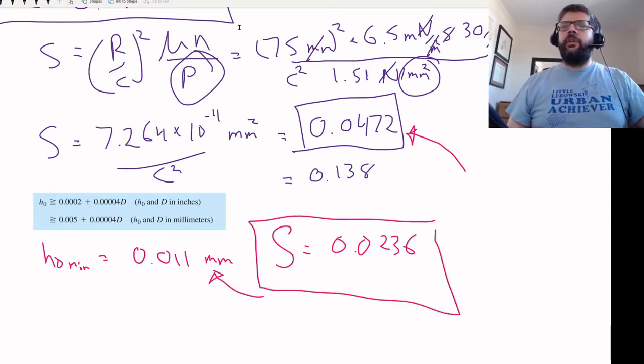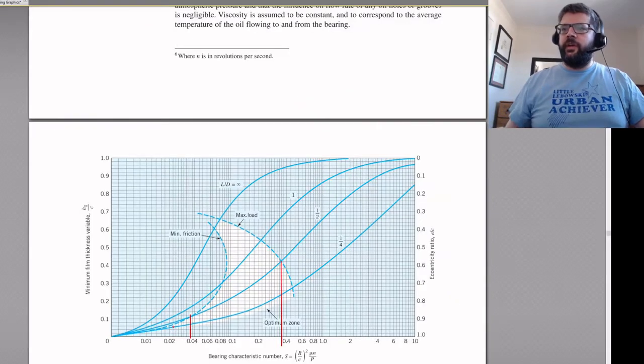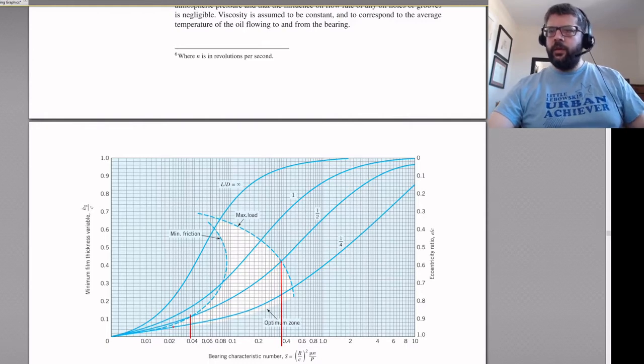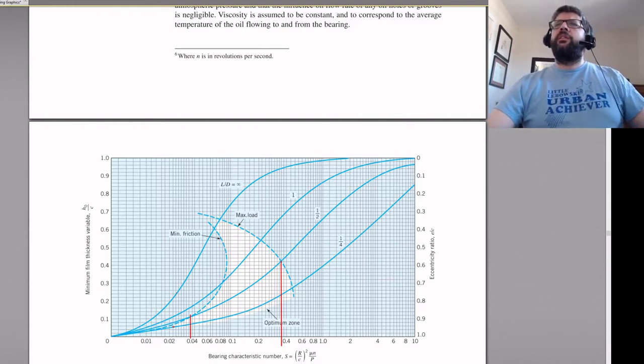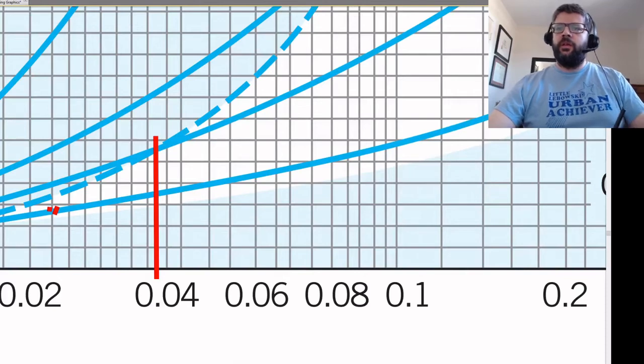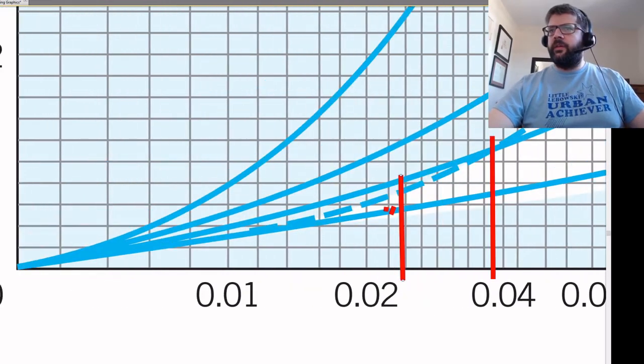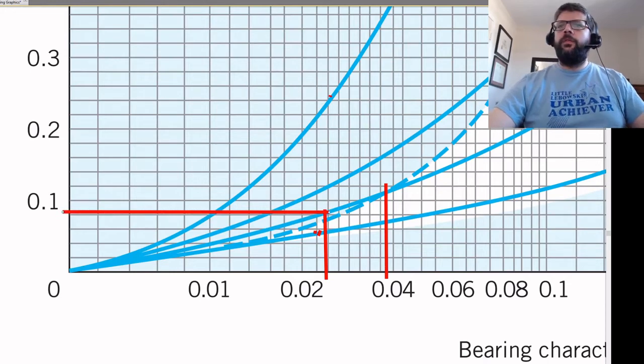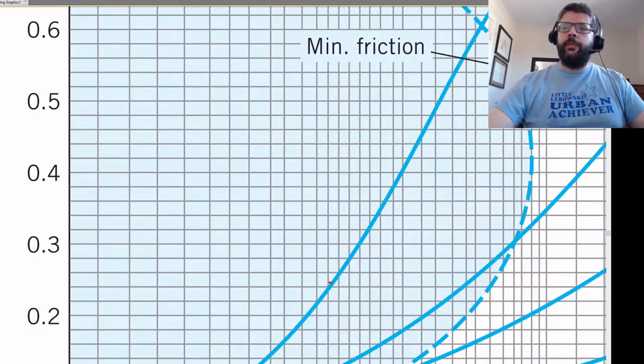So going back to our charts here, zooming in. So that'll be, let's see, I think that'll probably be right about here-ish, which means that we are looking at right about here for our minimum film thickness variable.